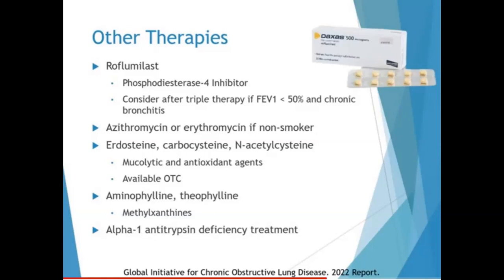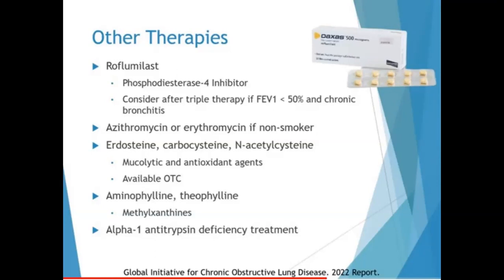Then the methylxanthines, which are aminophylline and theophylline, are also phosphodiesterase inhibitors, but roflumilast is more specific because it directly inhibits type 4, while theophylline can inhibit either type 4 or type 3. For you to use theophylline, you would have to do serum levels of theophylline because of the toxicities that are associated with it.